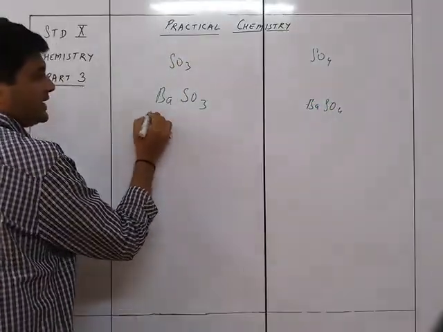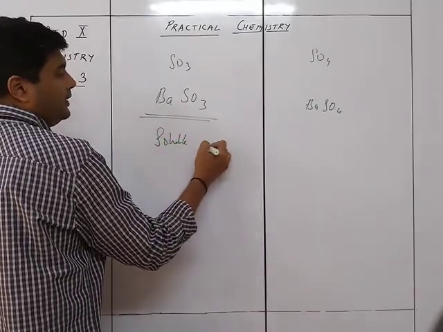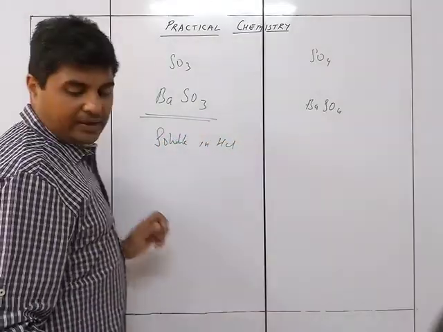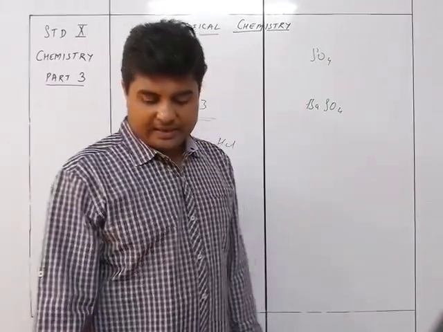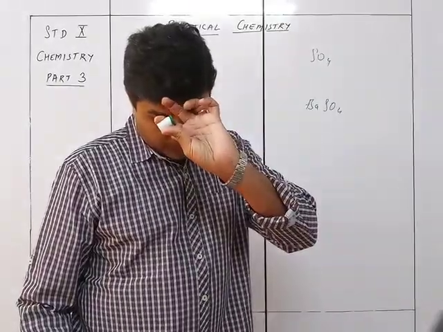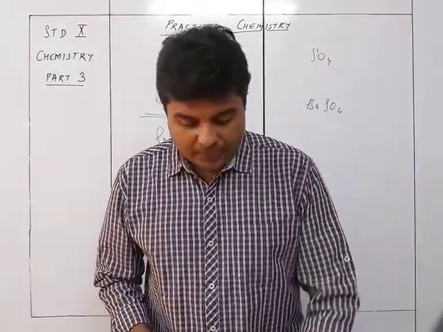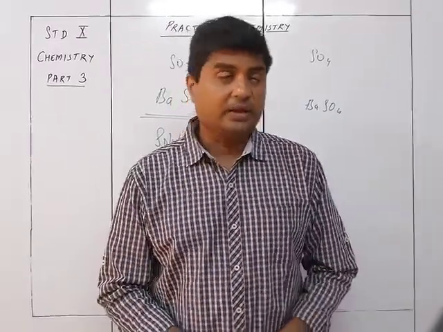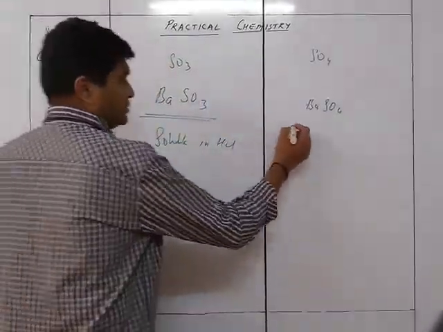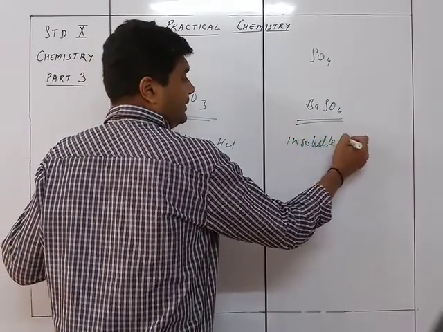This one was soluble in HCl, whereas BaSO4 is insoluble in HCl. So you can see that in this case, this is insoluble in HCl.